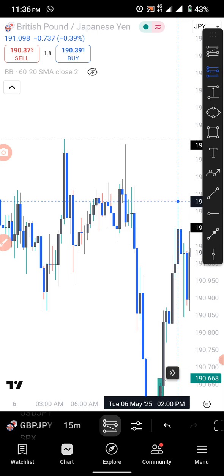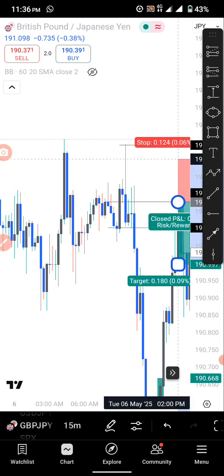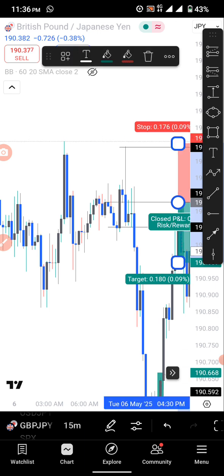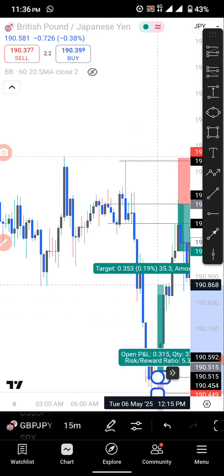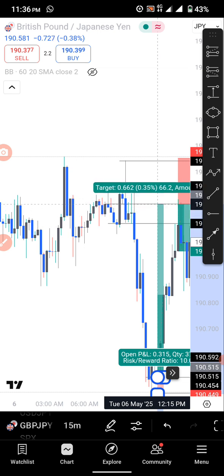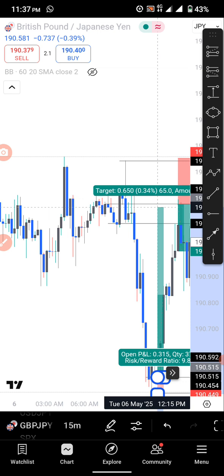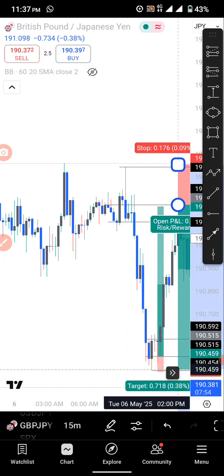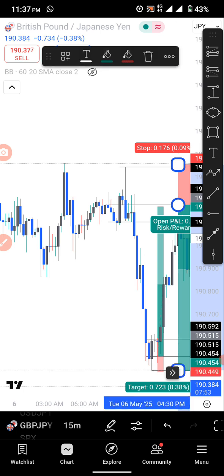Just put it there, with the stop loss above that extreme high. So you buy from here, you can take profit on this liquidity or a few pips below this liquidity area. Then you sell back below to that low.